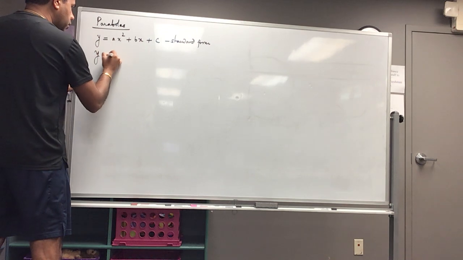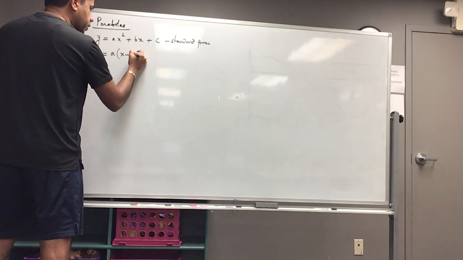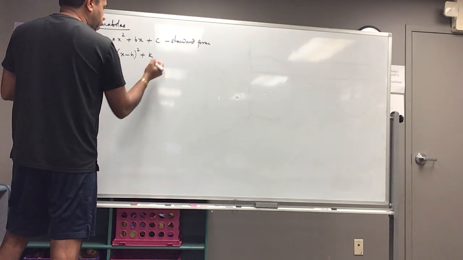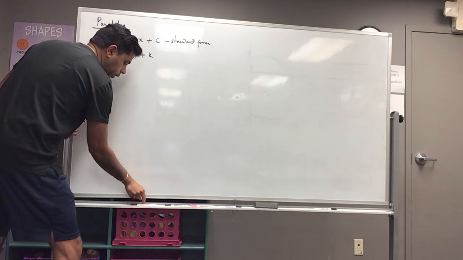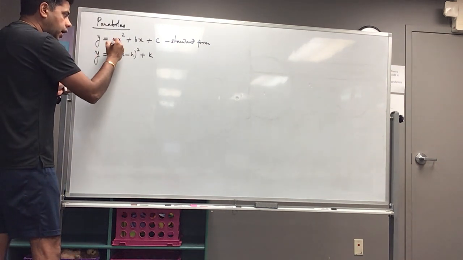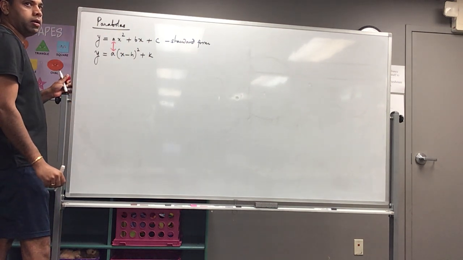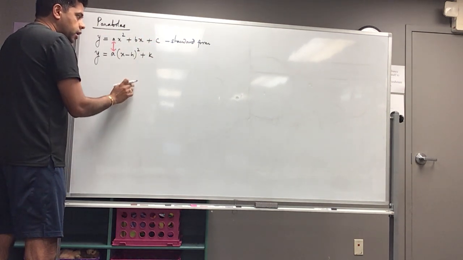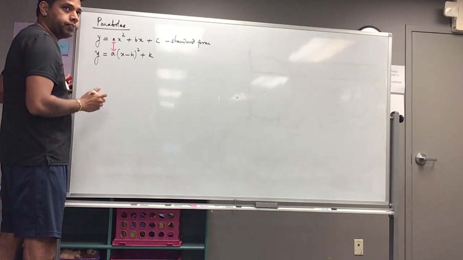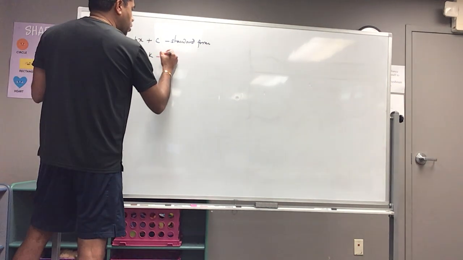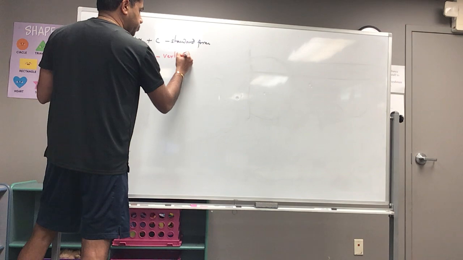The other one is the vertex form, which is on page 11 of your math packet. The first thing you have to know is this A and this A are the same. But the B and C do not connect to H and K. This is your vertex form.